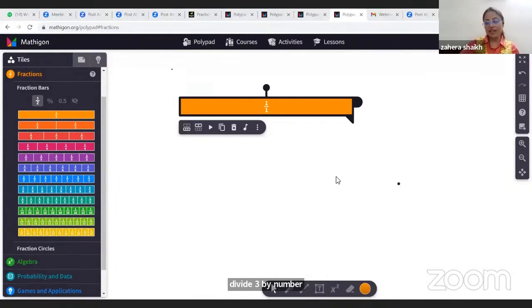Similarly, we cannot divide it by half. So I have to find out what the half of the 3/4 fraction is, right? But I cannot divide a smaller number by a bigger number. So if I do that, we get more than a half fraction.